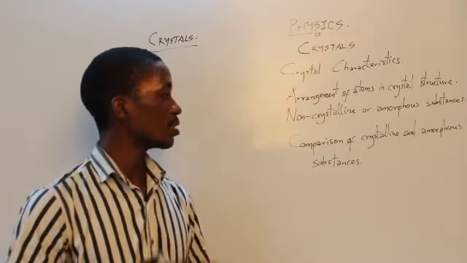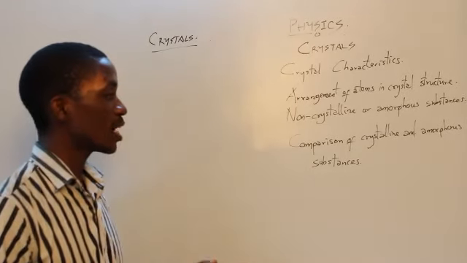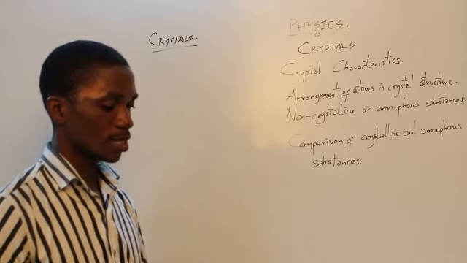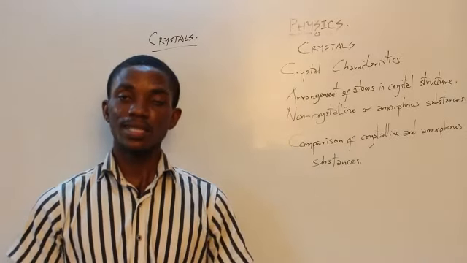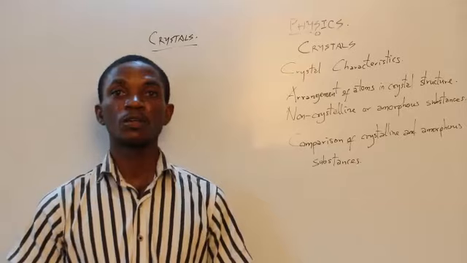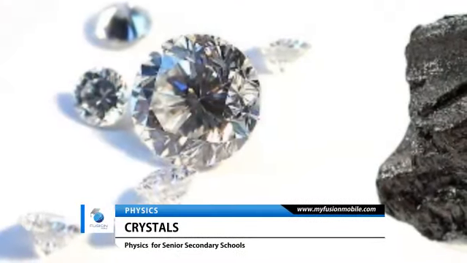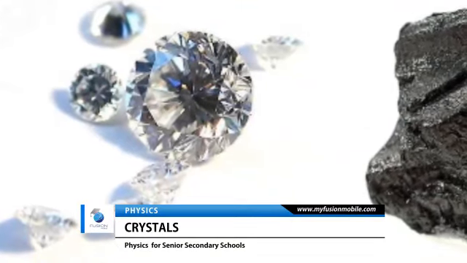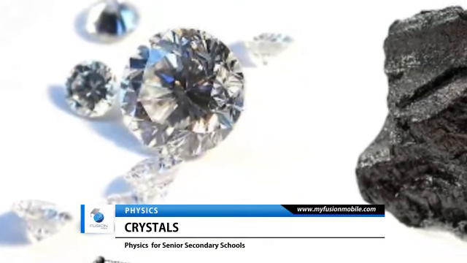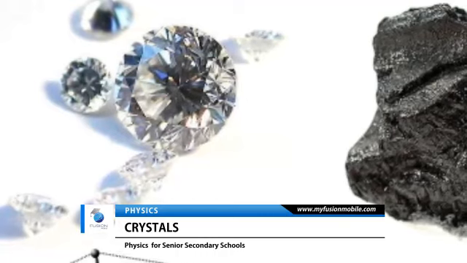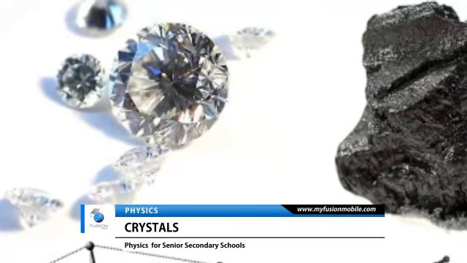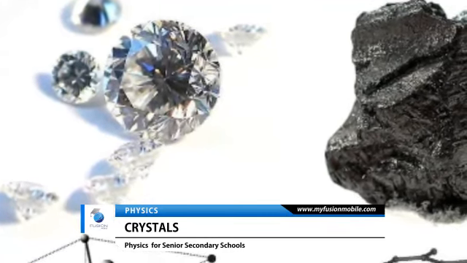So what are the differences between crystalline and amorphous substances? Take a good look at your screen right now. Yes, right now you'll be seeing pictures of crystals and amorphous substances. You'll see a cubic crystal, a prismatic crystal, an octahedral crystal.